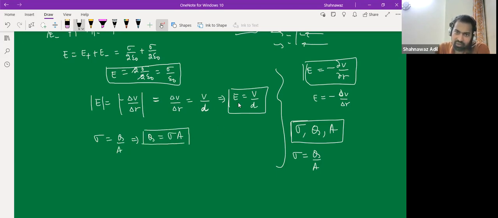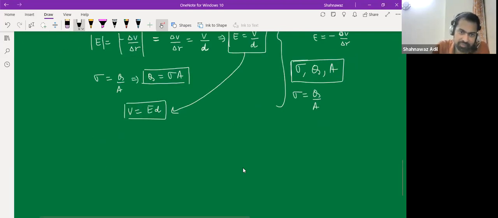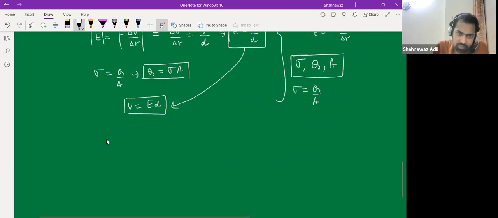So this part we have calculated, we know E is this, and we can write V as E into D. Now what is capacitance? Capacitance is Q by V, right? And V is ED, we have just calculated.